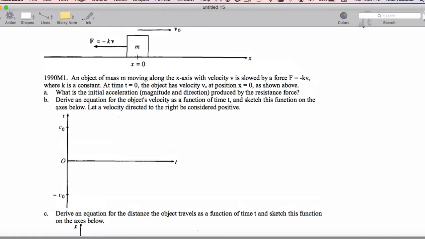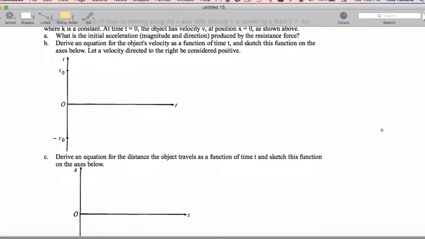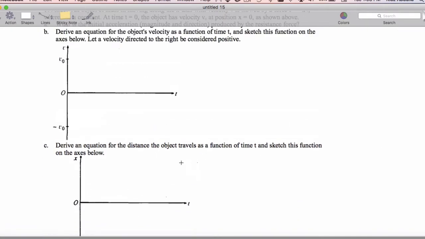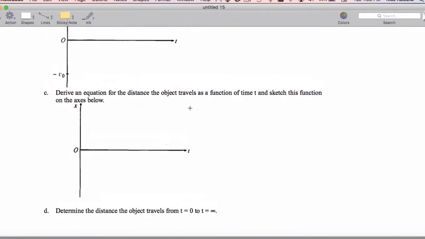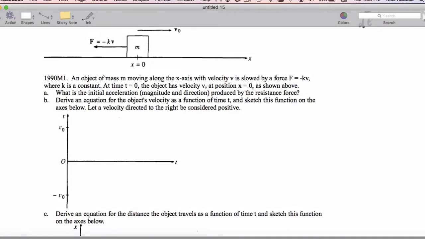We're going to derive an equation for the velocity as a function of time and sketch the function on the axis below, and we'll call right the positive direction. So we'll have a couple of things to do here, and we will go ahead and figure that out now. So part A, the initial acceleration.